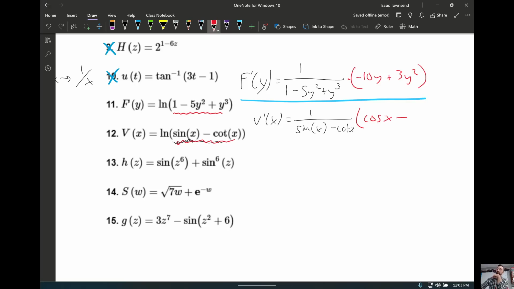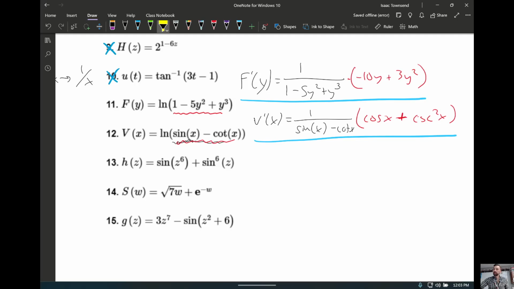And what's the derivative of cotangent? Cosine squared. Like that? No, cosine. Huh? That's not right. Right, it's negative cosecant squared. So minus a negative, this becomes a plus. All of that's your derivative.